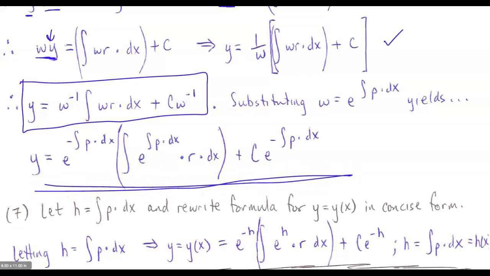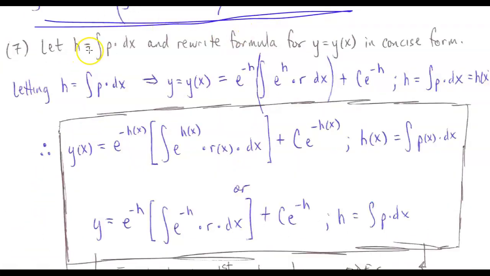Now, step 7 really isn't necessary as far as new knowledge, but I just rewrite it this way, at least in my opinion, to try to make it a little bit easier to remember the formulaic way of solving these types of equations.